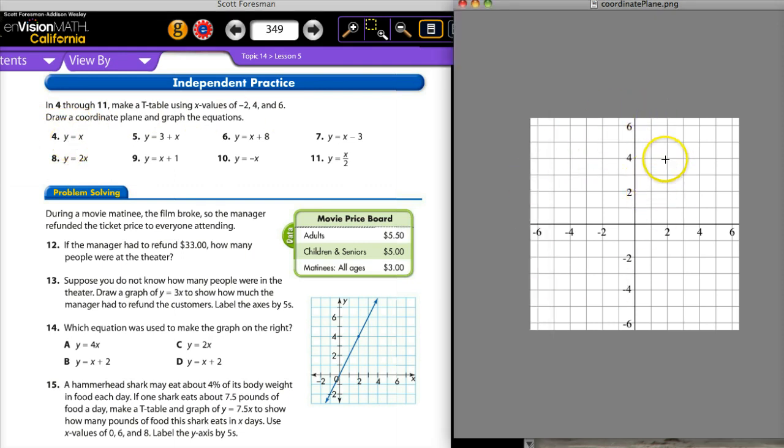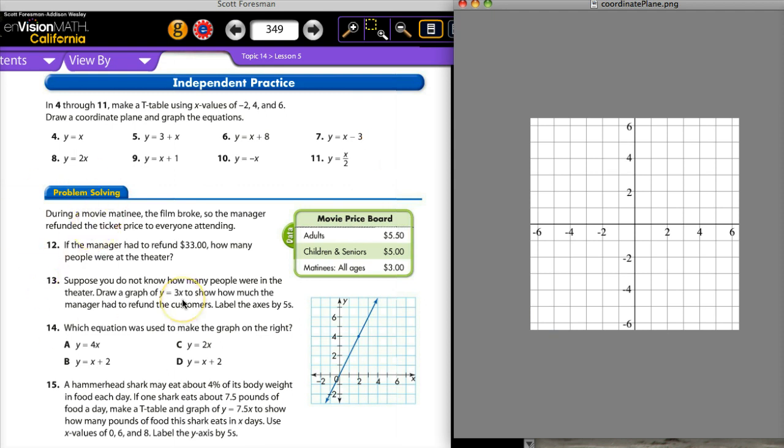You're going to plot the points, and then you're going to draw a linear equation through the points. You're going to connect the dots. That's what it's asking. So 3 things: create a t-table, plot the ordered pairs, and then draw a linear equation through it. All right, if you have any questions, please feel free to message me on YouTube.